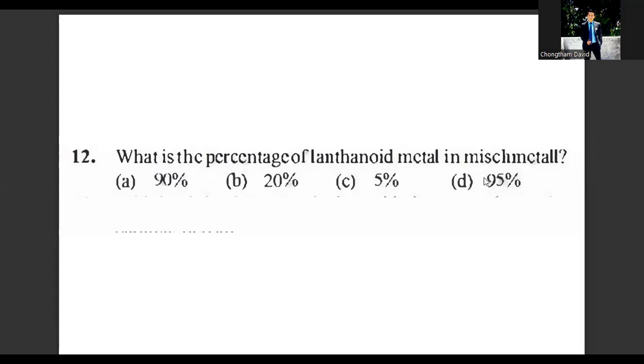So the answer to 12 would be D. I'll repeat, mixed metal comprises 95% lanthanide elements and only approximately 5% iron. And some traces may be present, if it is not completely filled to 100%, traces like sulfur, carbon, aluminium, calcium.